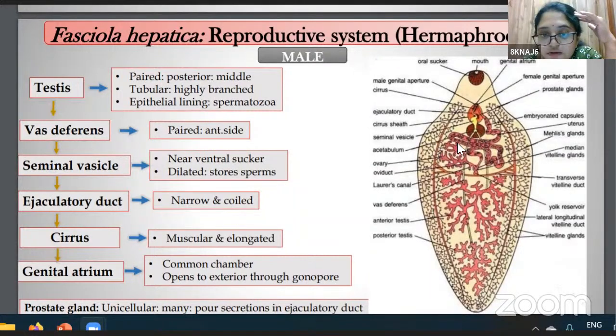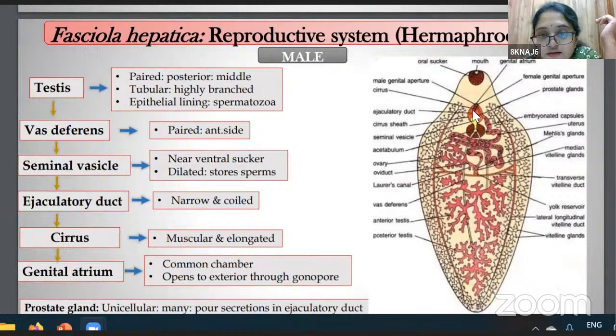See, this is the acetabulum, this is the seminal vesicle, to form a large pear-shaped seminal vesicle. And this stores the sperms. Now you have the ejaculatory duct, in fact, over here, which is convoluted. This extends to form the copulatory organ or the penis.